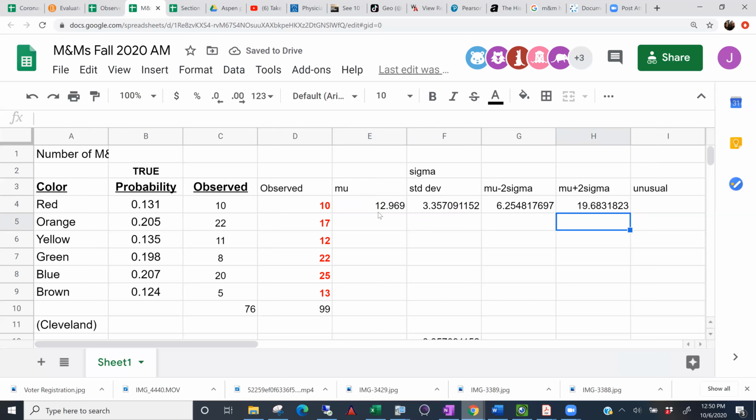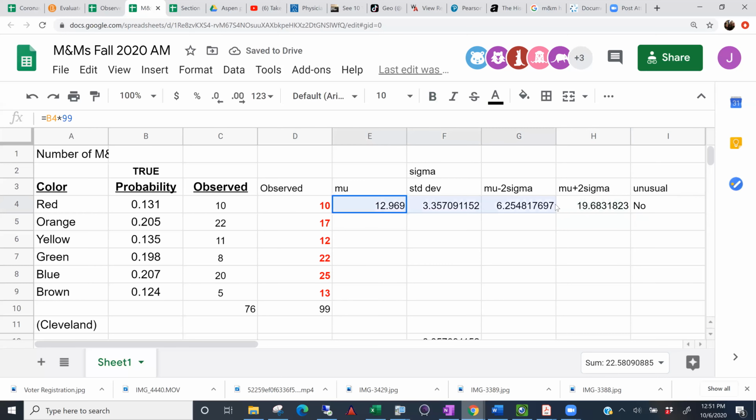Wow. So I observed 10 M&Ms. Is that unusual for a bag of 99 M&Ms? Well, this is our cutoff for unusually high and unusually low. So it's not unusual.